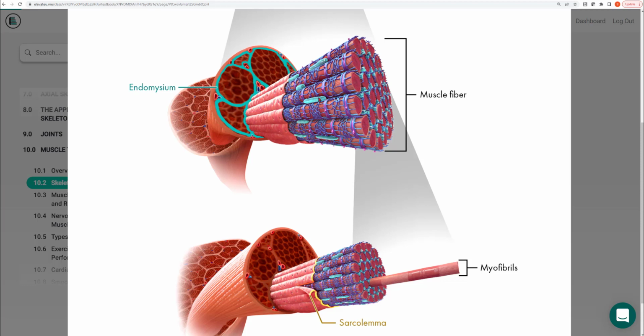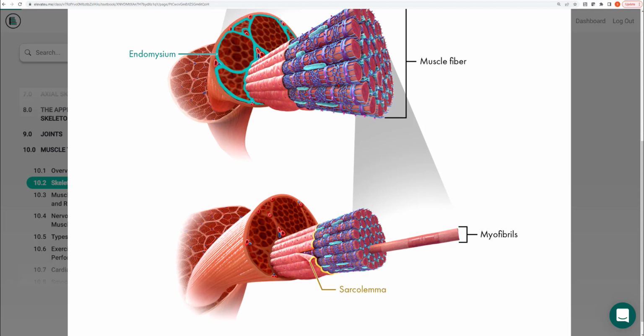Along and throughout the cell, you also see mitochondria. These bluish green guys are the mitochondria. And then you also see this network of tubes, and this is the sarcoplasmic reticulum. We'll see this in a minute.